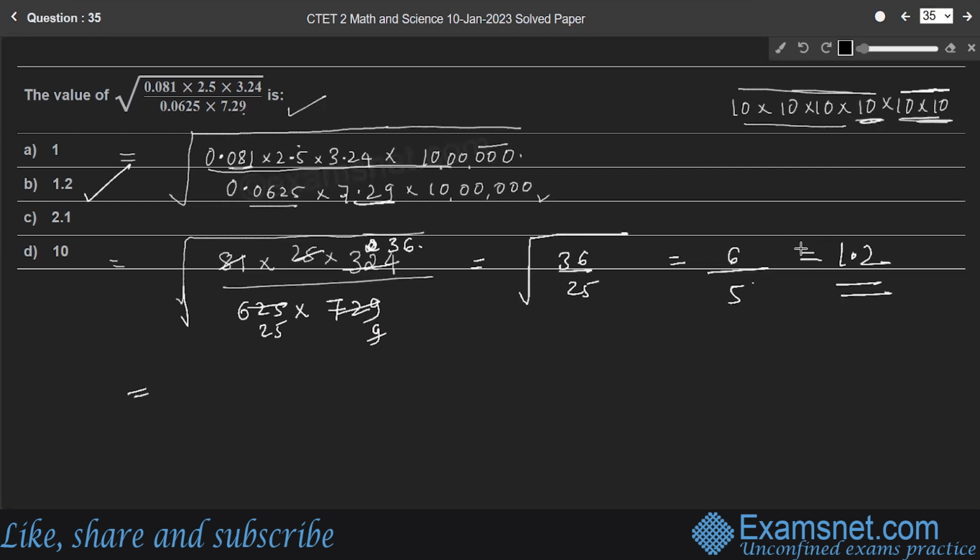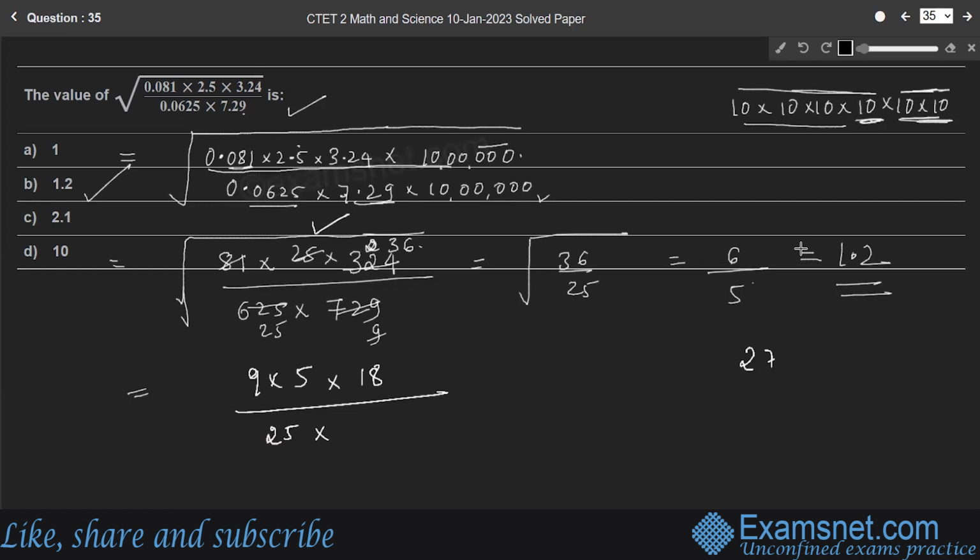Otherwise, directly you can take root of every number. So root of 81 is 9, root of 25 is 5, and root of 324 is 18. In the denominator, root of 625 is 25 and root of 729 is 27.